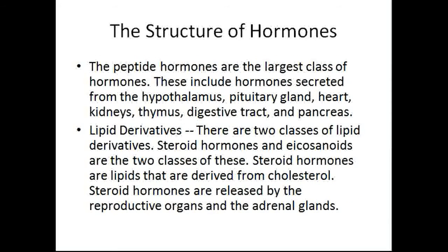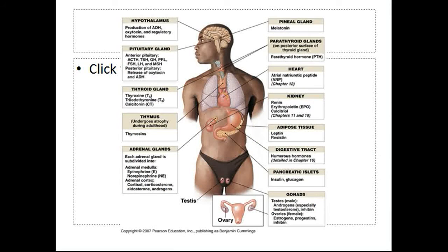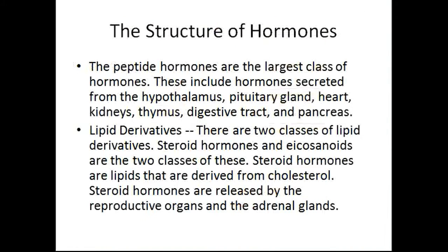The peptide hormones are the largest class of hormones. These include hormones secreted from the hypothalamus, pituitary gland, heart, kidneys, thymus, digestive tract, and pancreas. So, going back to these: pituitary gland, hypothalamus, heart, kidneys, digestive tract, all these. Well, not everything from the chart, but you know what I mean.